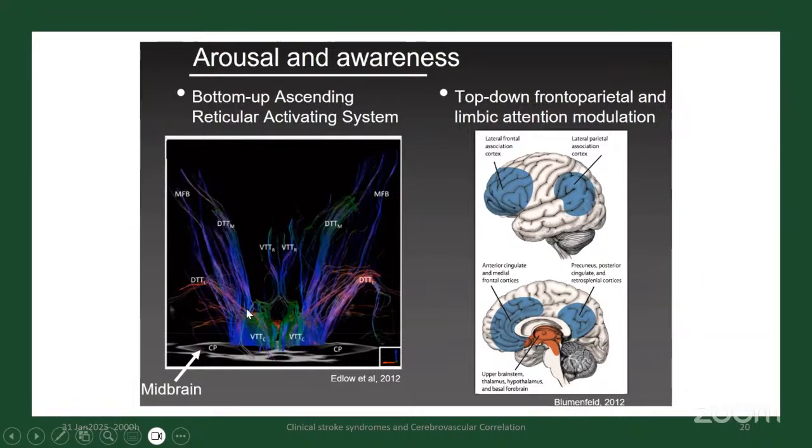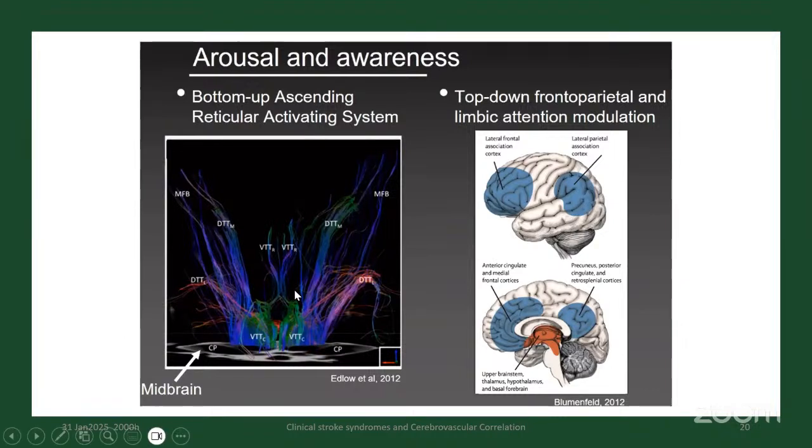If there is a brainstem stroke, then individuals lose consciousness because the reticular activating system is affected. Whereas in cerebral hemisphere strokes, loss of consciousness is rare, because unless there is a very big stroke involving large areas of the brain, there is no loss of consciousness.